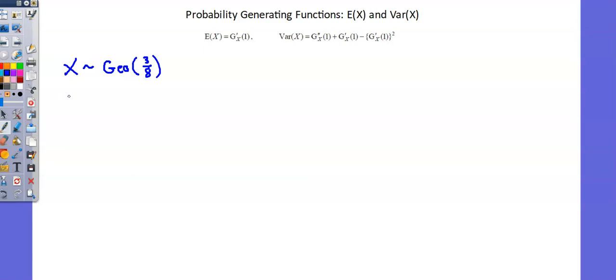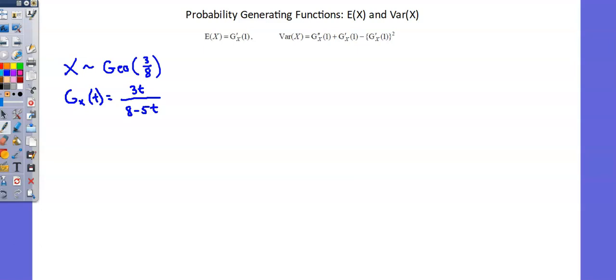To get to the probability generating function for the variable x is 3t over 8 minus 5t. Note that's not given. Again, to review how to get to this probability generating function, you can check that out in the first topic lesson.